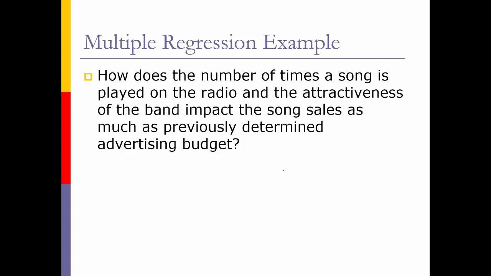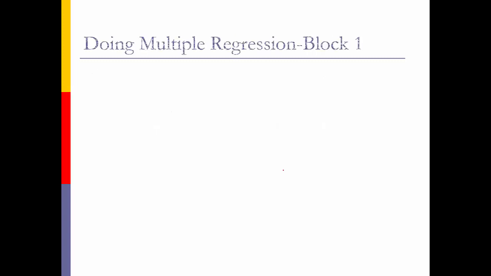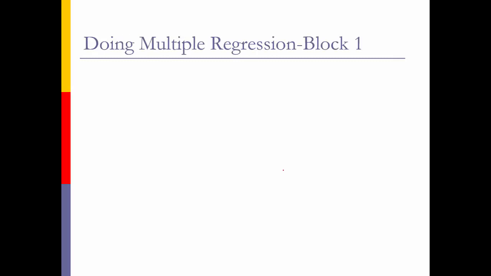Because we knew, right, now it says as much as previously determined advertising budget. Now we've got those words previously determined. What does that mean? So we're going to do multiple regression, and this is where I want you to watch the SPSS multiple regression example.